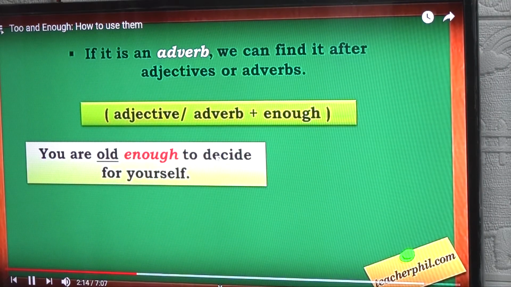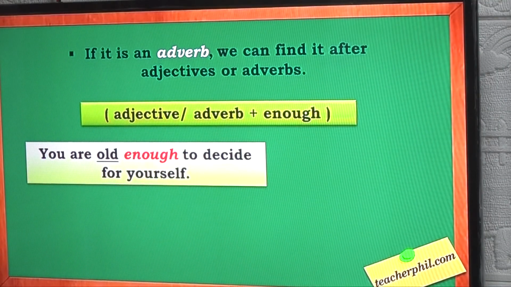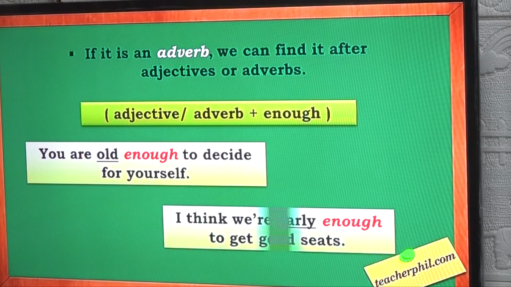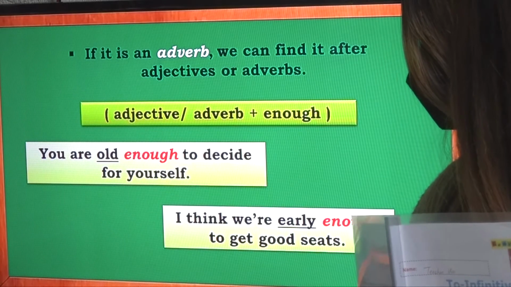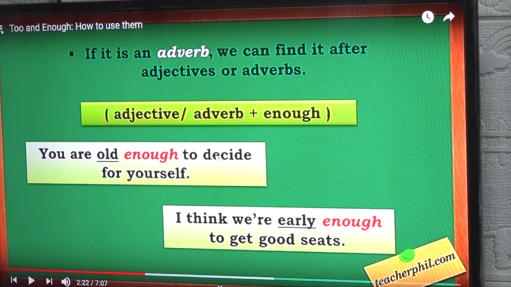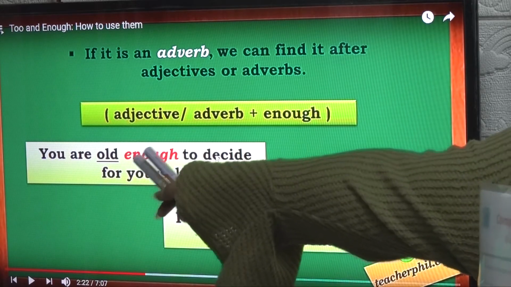Examples. You are old enough to decide for yourself. I think we're early enough to get good seats. So here, let's look at the sentence. Old here is an adjective or adverb?